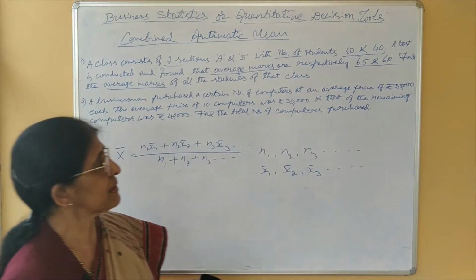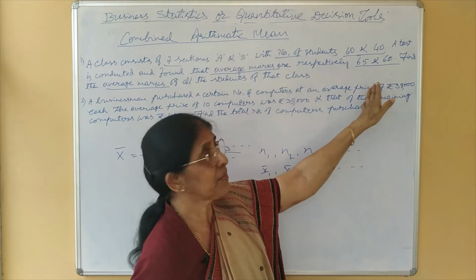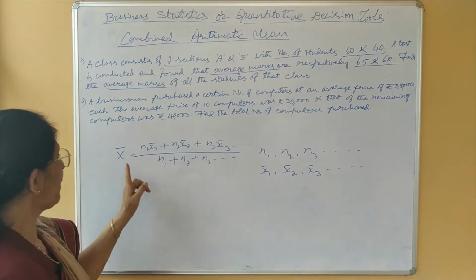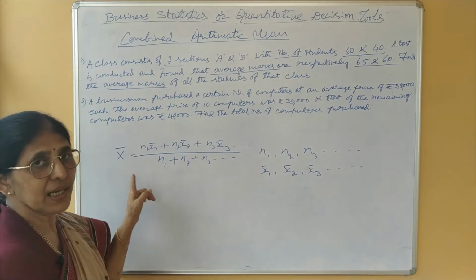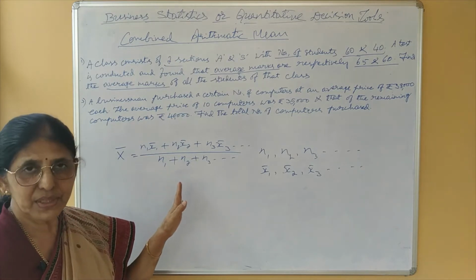That is not the answer. That may be the answer if the strength of both classes is the same, but here the strength is different. In that case you have to apply the formula of combined arithmetic mean. It is nothing but, as I have told you, a simple weighted arithmetic mean.